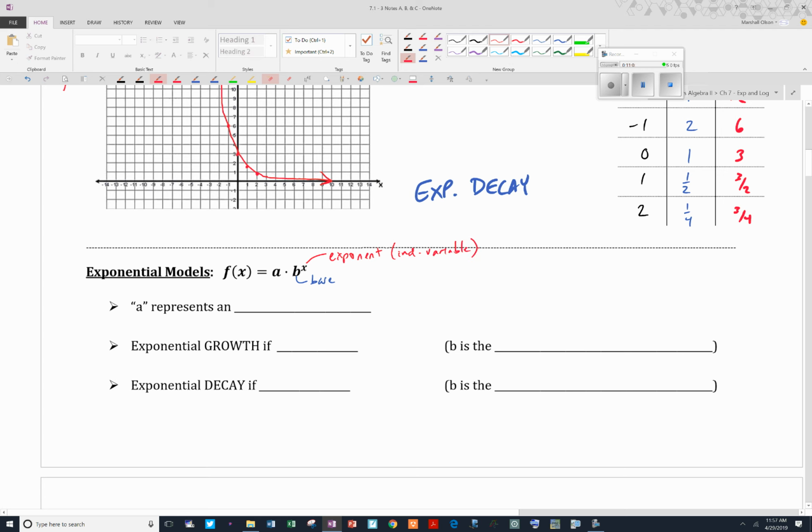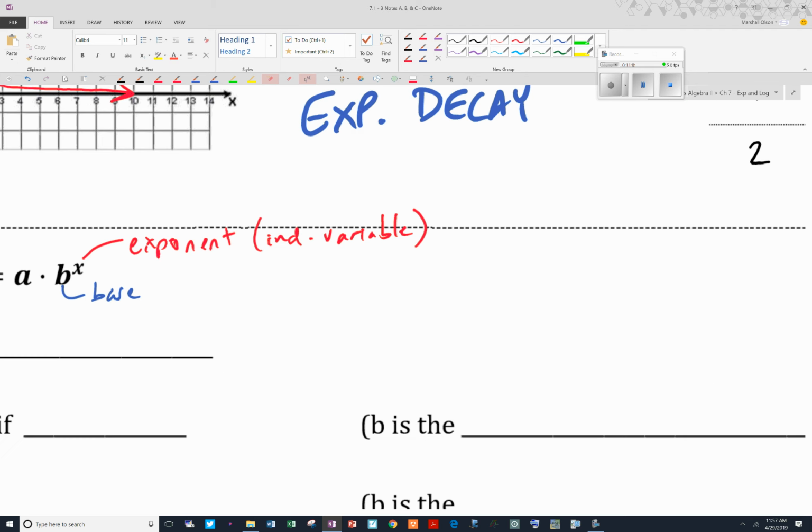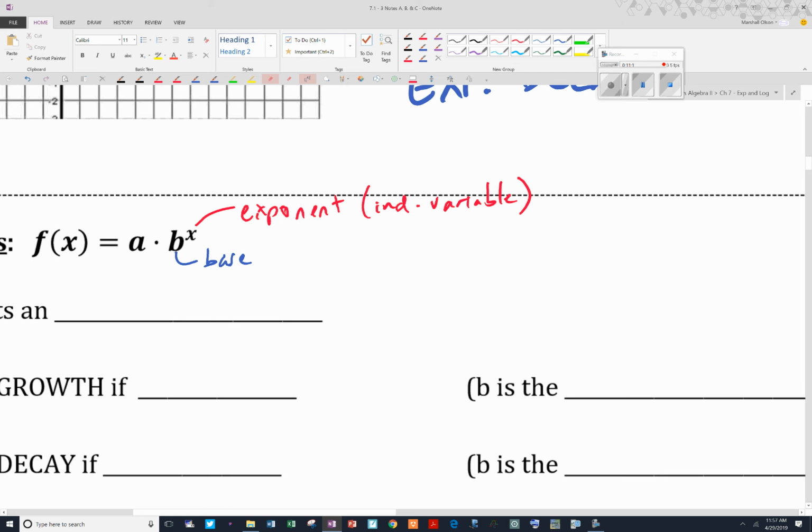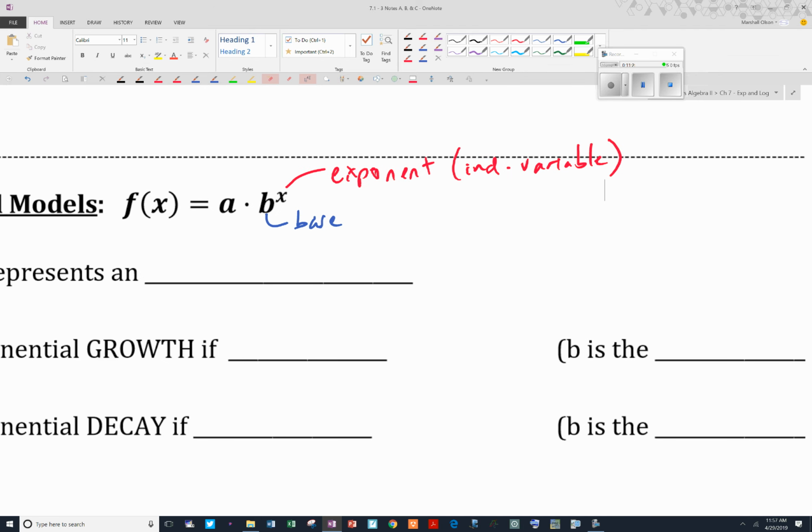What makes an exponential function is that your independent variable is in the exponent. It's the only type of function that we deal with that has a variable in the exponent. That's what makes it an exponential function. It's not like our polynomials that have the variable taken to an exponent. Now the variable is the exponent.